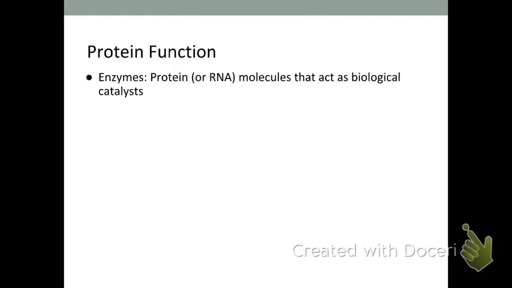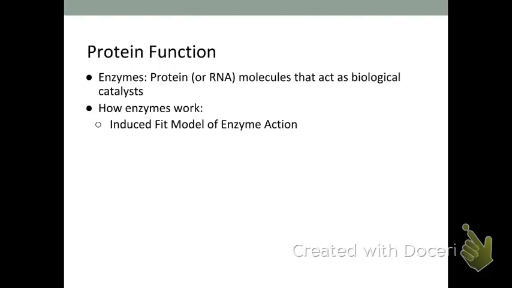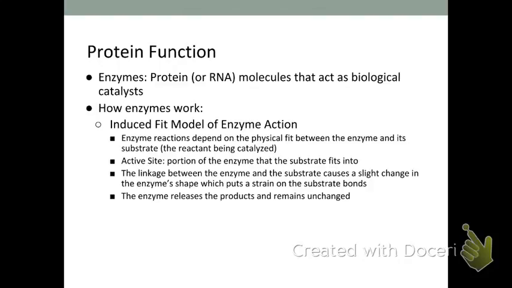Good point. Now, enzymes work by what's called the induced fit model, and you can read this and understand it. I'm going to show you a video clip that I think is better at describing how an enzyme works.